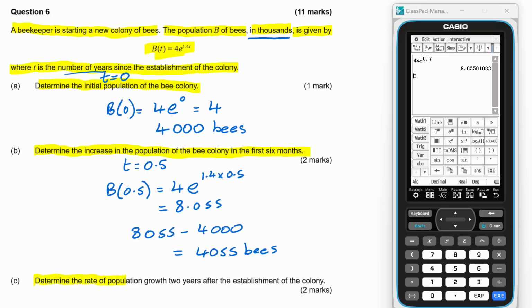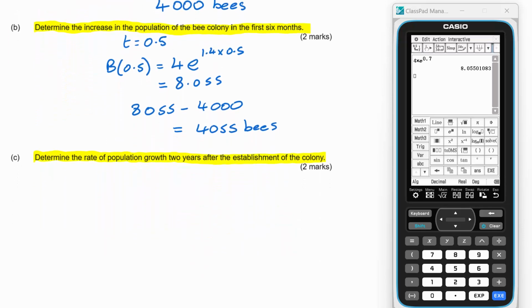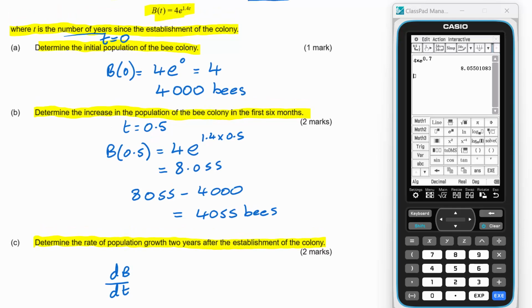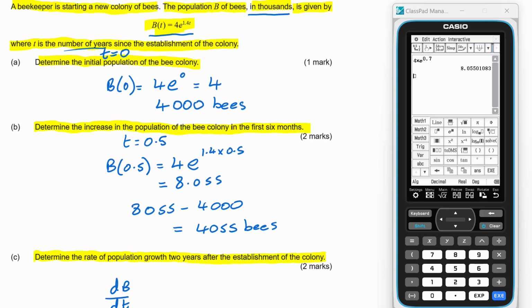Determine the rate of population growth 2 years after the establishment of the colony. So rate of growth, we're now talking about dB/dt. And since B is 4e^(1.4t), dB/dt is going to be 4e^(1.4t) multiplied by the differential of the inside function, which is 1.4.